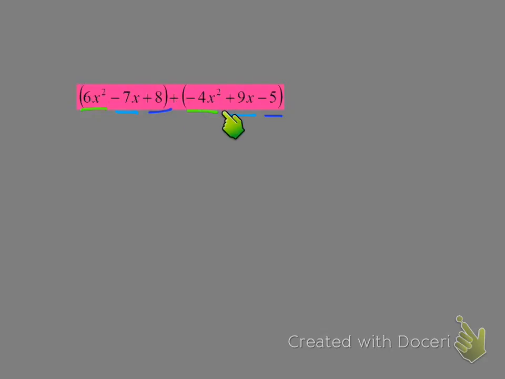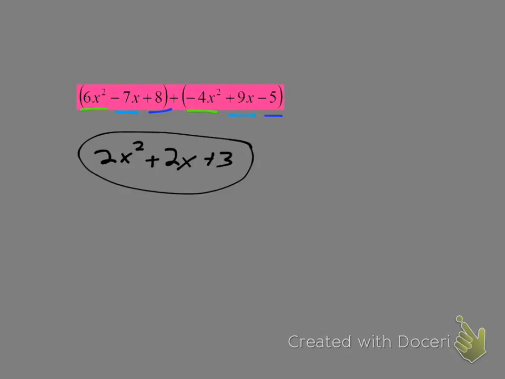So what's 6 minus 4? 2. And it's squared. All right. Negative 7 plus 9 gives you 2, and you put x with it. And then 8 minus 5 gives you 3. So 2x squared plus 2x minus 3.